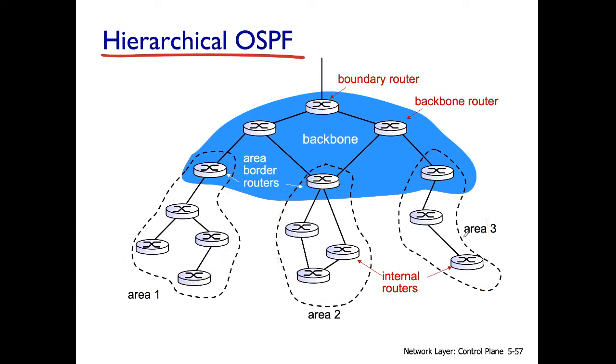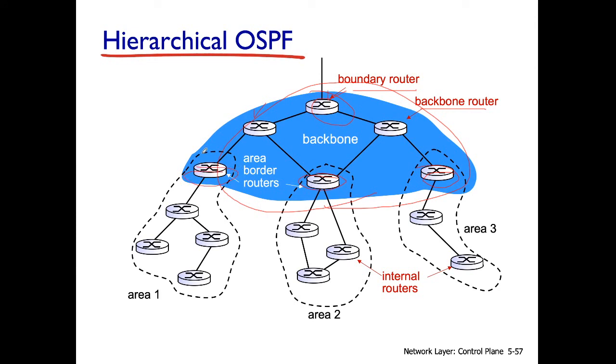Then at the higher level, in the backbone of this AS, we could also have multiple routers configured. These are called the backbone routers in general. Some of these backbone routers might be at the border of the AS. They are also the boundary routers. Some of these backbone routers are also the managers of the areas.